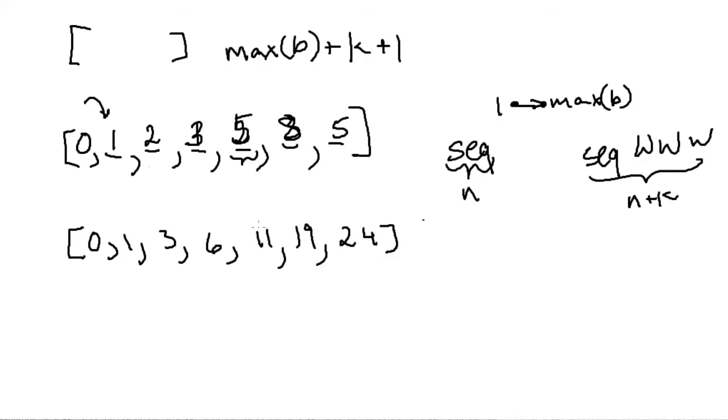Basically, if you take any index, the prefix array's value at that index is the sum of all the values from here. So now that we have this, we're pretty much done.